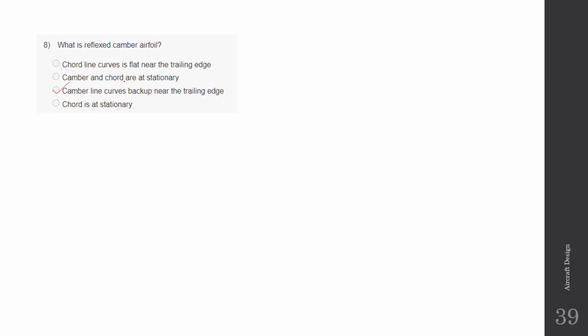So we'll go over the options. One is that chord is stationary. I think it does not make much sense because the chord line is always a straight line. I don't know what it means by chord line is stationary. The second option is camber and chord are stationary. The chord line is always a flat line, and if your camber line is also flat, then it is a symmetric aerofoil.